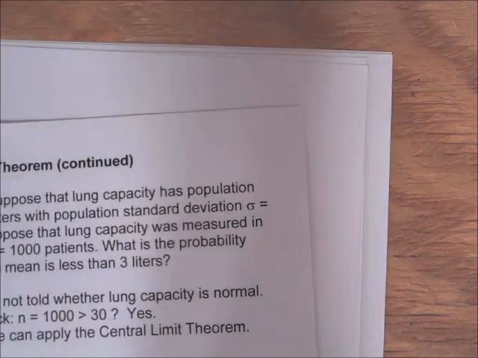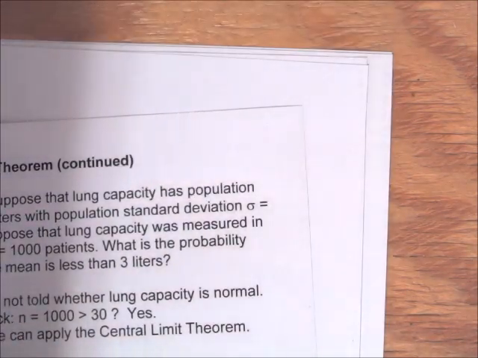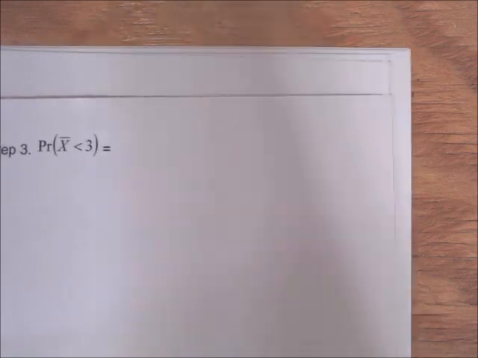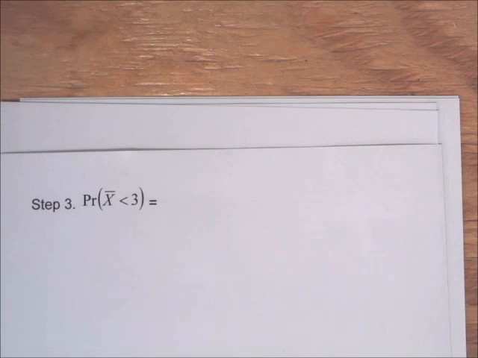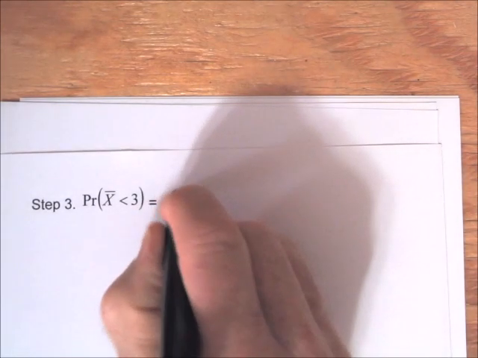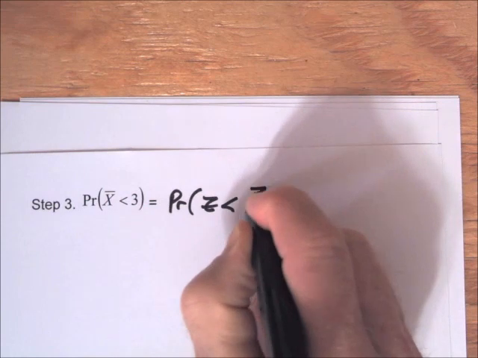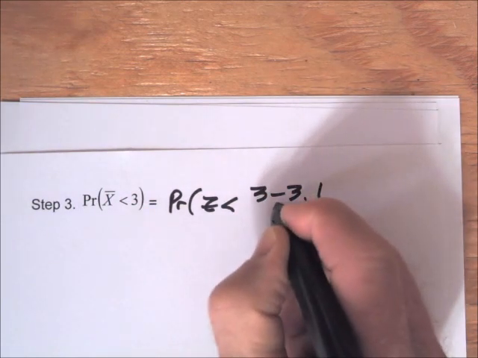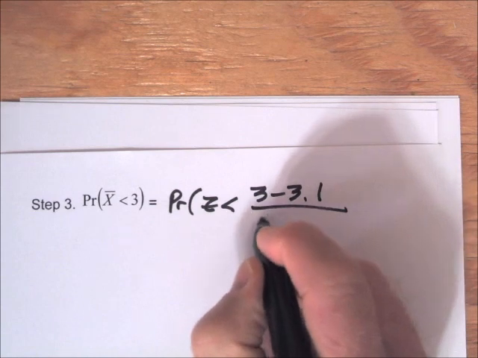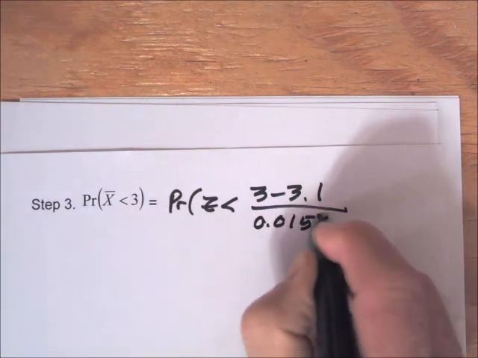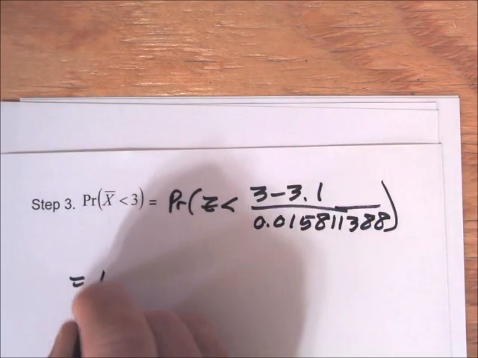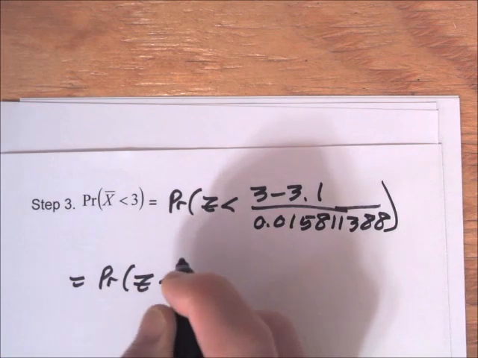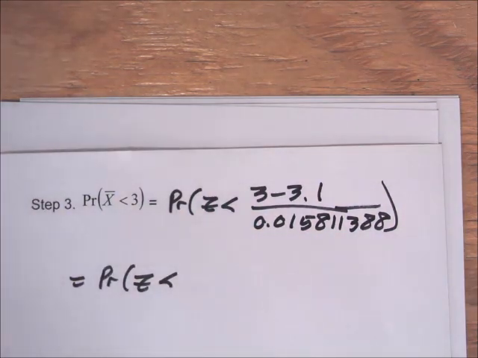Okay, so then we can compute the z-score. We want the probability that x bar is less than 3, and make that into a z-score. Probability that z is less than 3 minus the mean, which is 3.1, divided by the standard deviation, which is 0.0158113883.